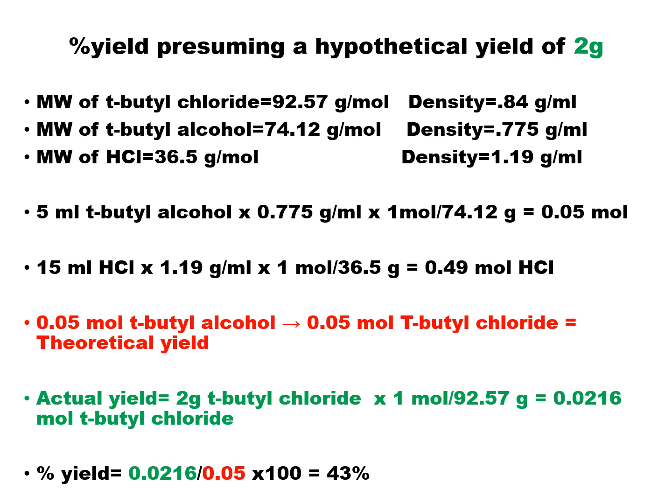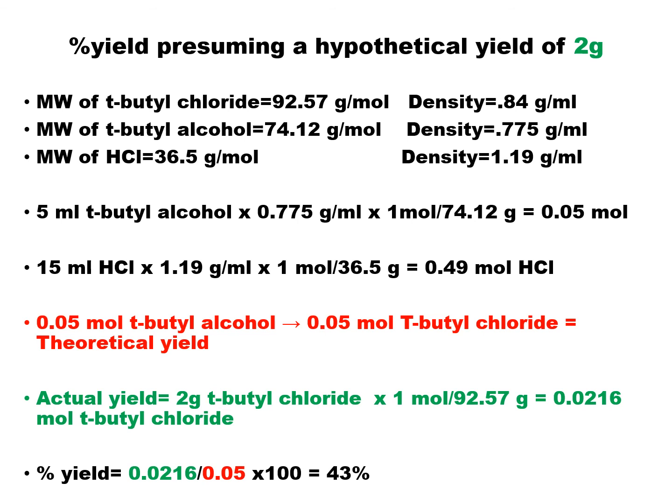you can convert the solutions into moles simply by applying the density formula, density equals mass divided by volume. From that you can find what mass 5 milliliters of tert-butanol is, and when you divide that mass by the molecular mass of tert-butyl alcohol, you will find the moles of tert-butyl alcohol that participated in the reaction.